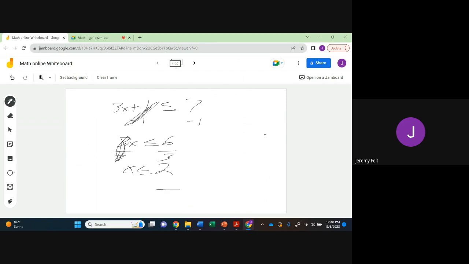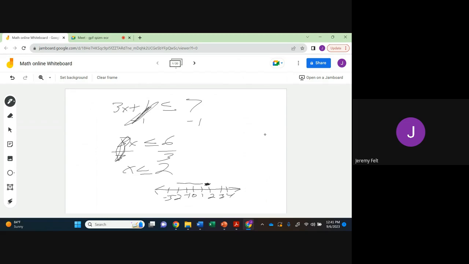So on my number line, it's less than or equal to 2. So I know my dot goes above 2. It's less than or equal to, so 2, if I put in 2 for x, it would be true. So I use my shaded or my solid circle. And that's less than or equal to 2.